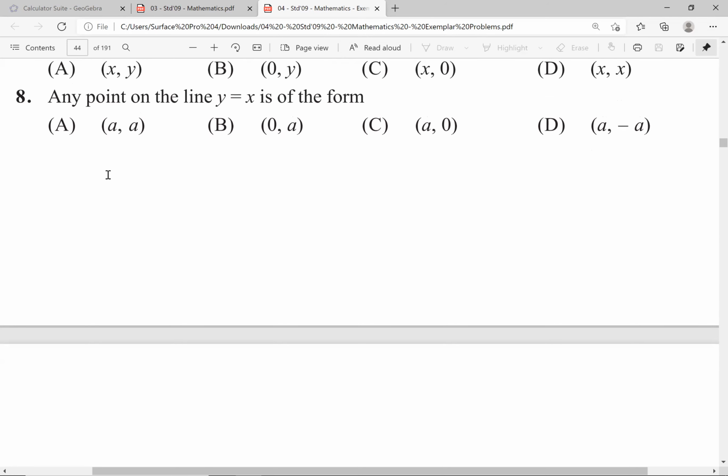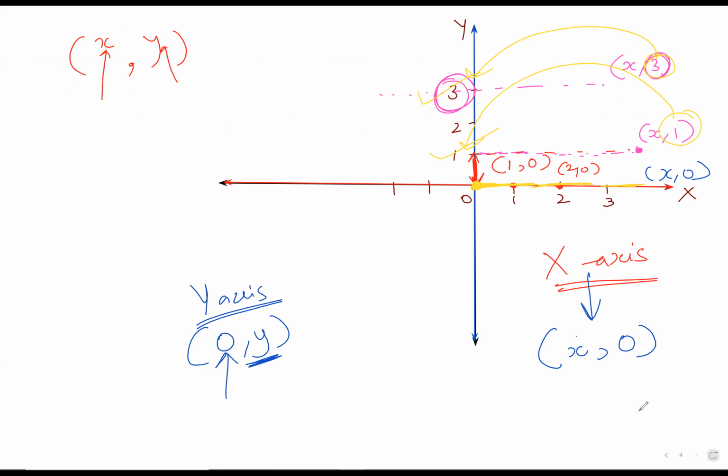Okay, now let me just ask you guys another question. What will be the equation of a line on which every point is of the form a comma 2a?